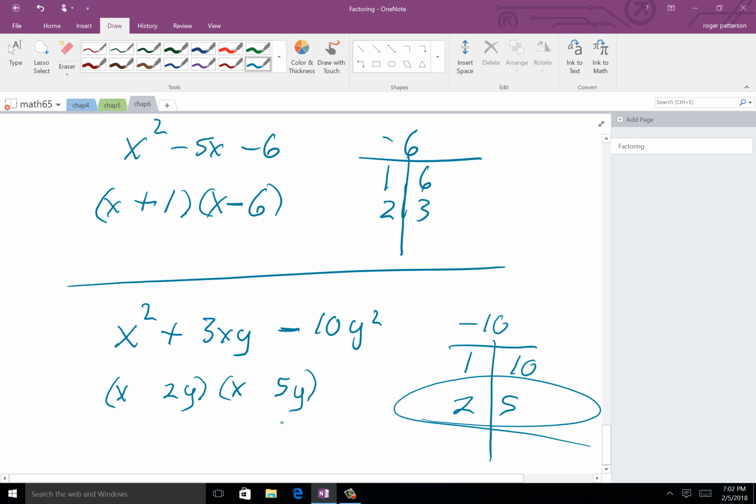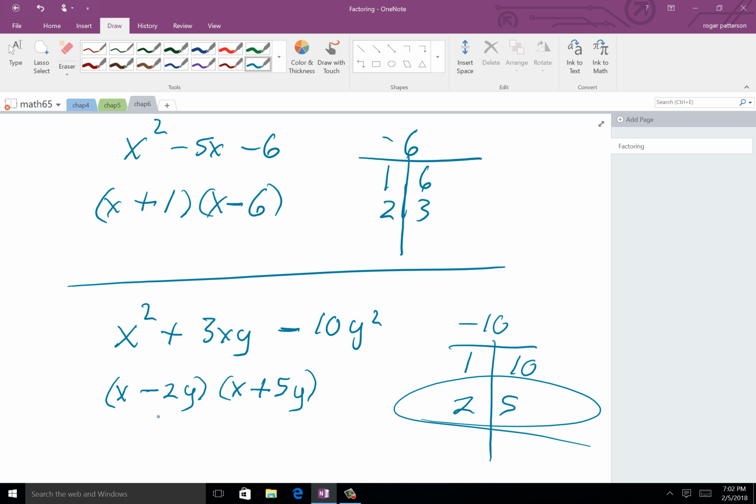Just because they threw a y in there, still factoring the same way. Got to find factors of 10 to give us 3, 2, and 5. They're subtracting. So one of these is minus, one of these is positive. Which one's positive? 5's got to be positive. That's got to be negative. If you FOIL that, you're going to end up with exactly what's here.